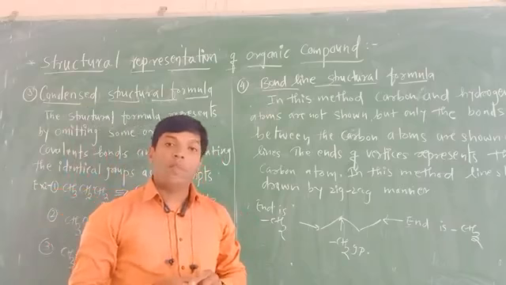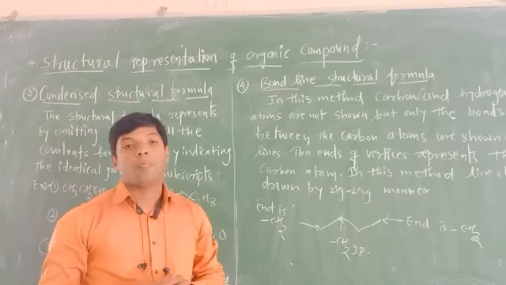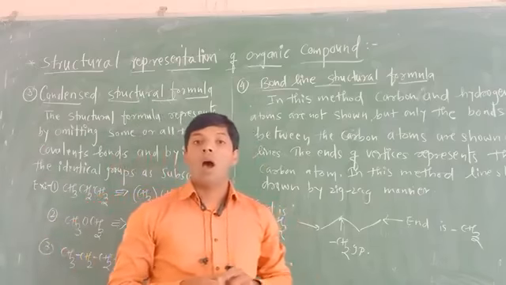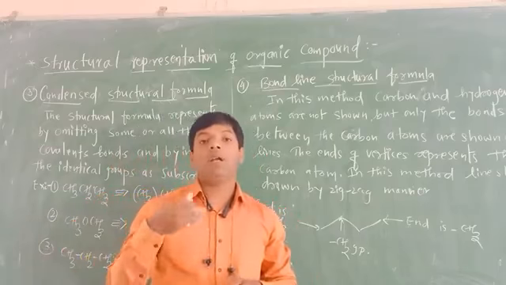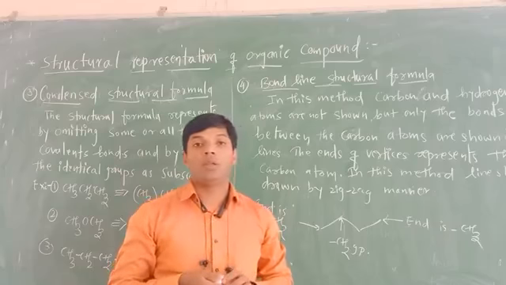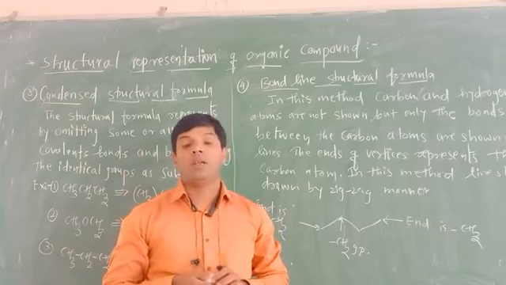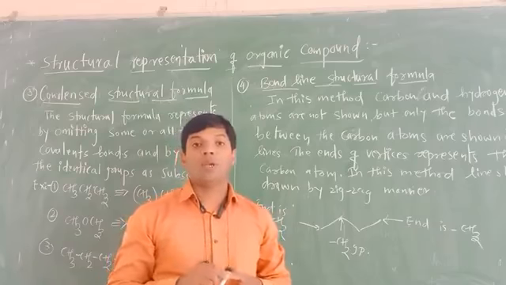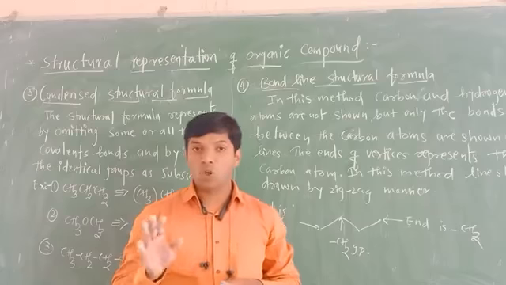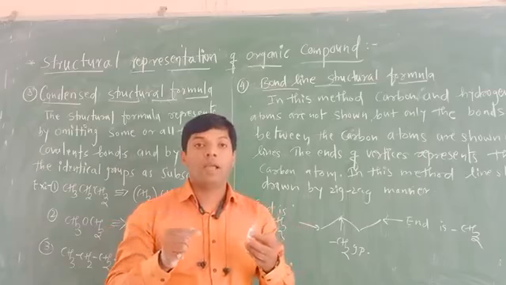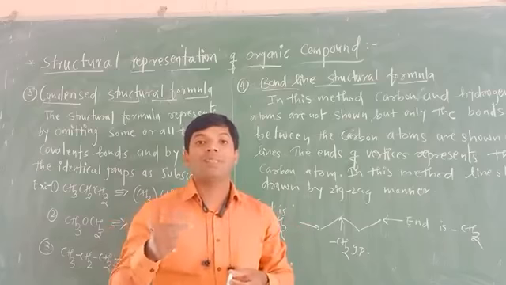Means in the bond line structural formula, atoms are not shown. If it has a heteroatom, any atom apart from carbon and hydrogen, it is written as it is. But carbon and hydrogen atoms are not shown, they are shown by a zigzag line.